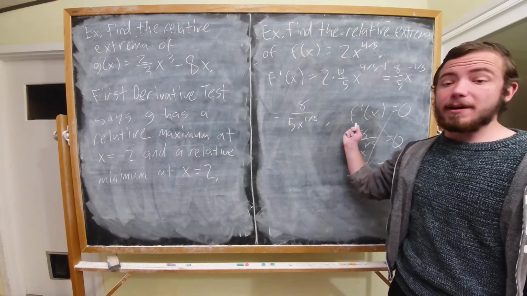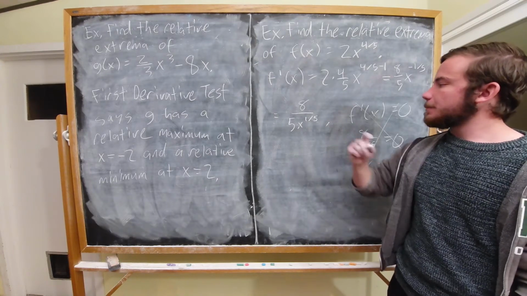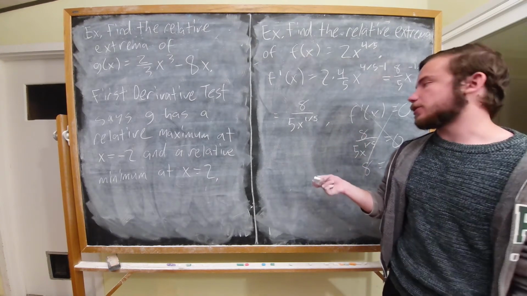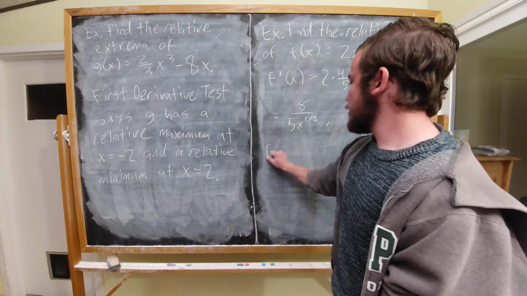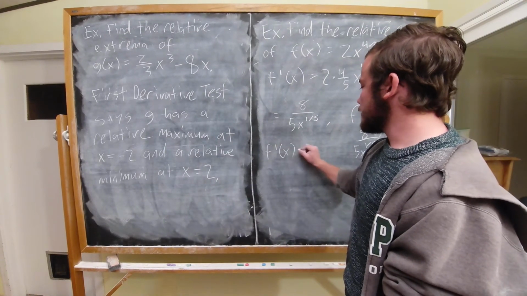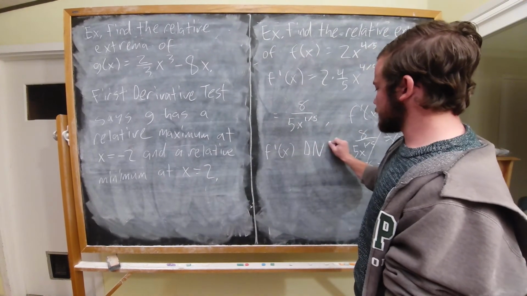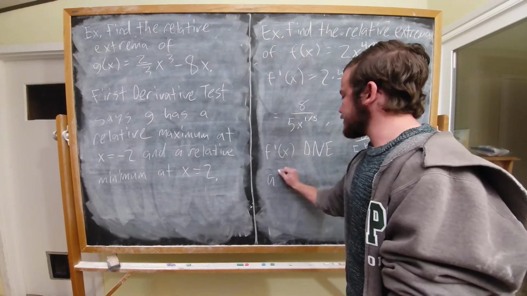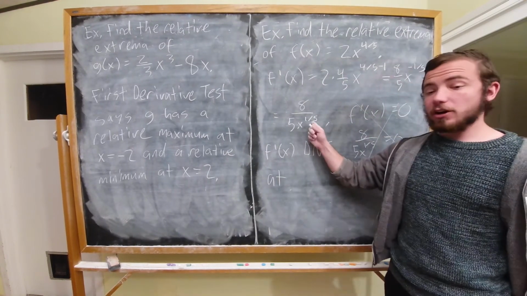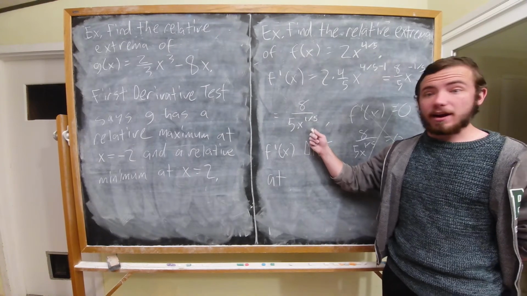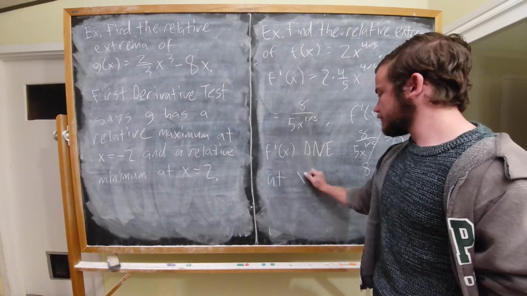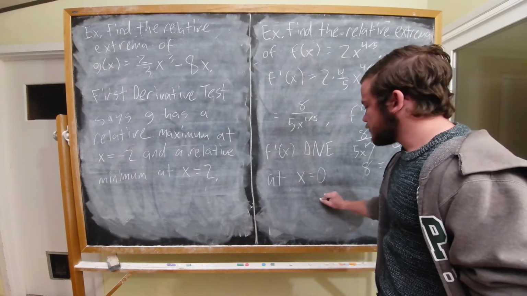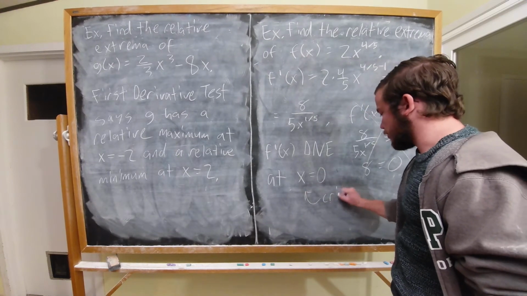So we don't have to worry about any critical points from that. But do we have to worry about any other critical points? Yes. F prime of x does not exist as where? Well, the only place that could cause a divide by 0 error. So this is our critical point.